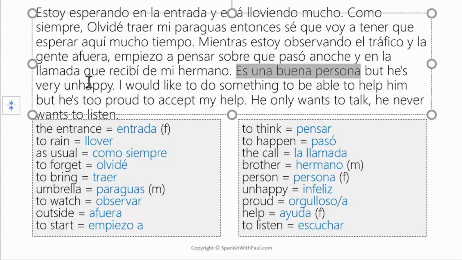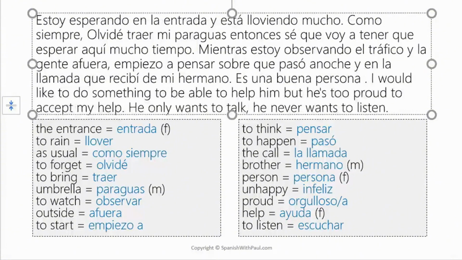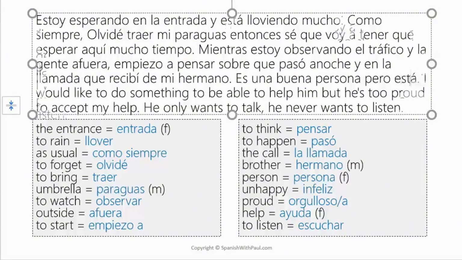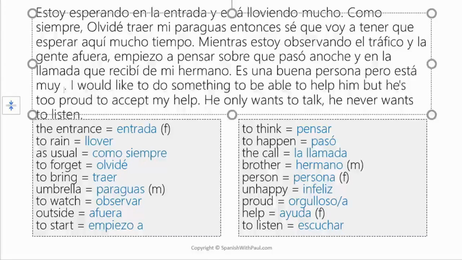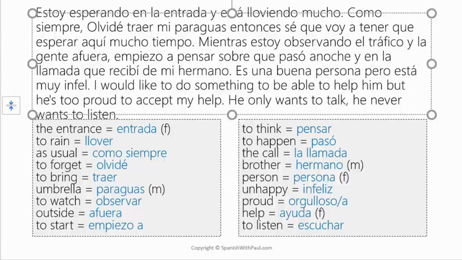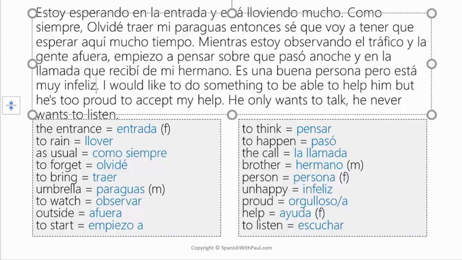Then we have, but he's very unhappy. Again, if you put, we'll go back to this one, pero está muy infeliz. Then again, you would be saying that kind of right now or at this point in time, recently, at the moment this is going on, that he's unhappy.